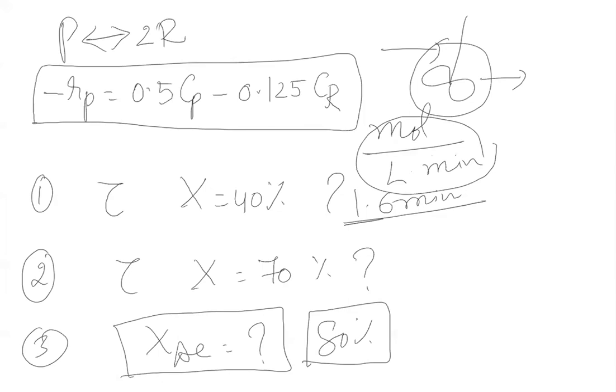Are you getting here 1.6 minutes or 2 minutes? Here, how do we write? Tau is equal to Cp naught minus Cp divided by minus Rp.